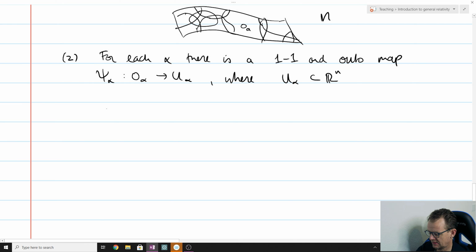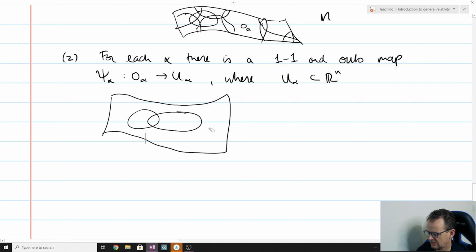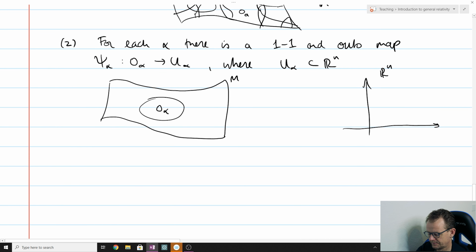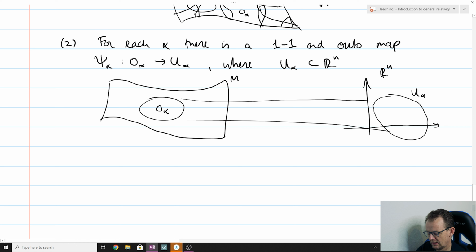And now the picture we have in mind is that, here's M as this presumably curvy surface. Here's these O alphas. I'll just draw one O alpha. This is M. And now we're saying there exists a map which is one-to-one and onto from each of these O alphas onto sets U alpha of our more familiar Rn Euclidean space.